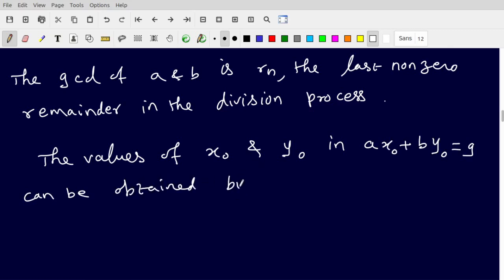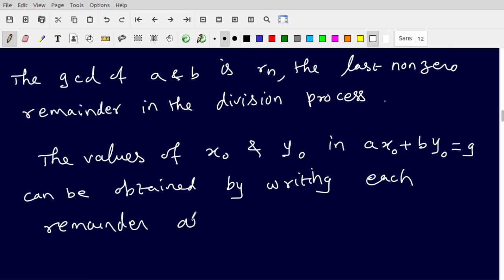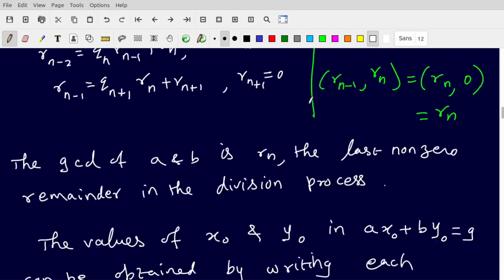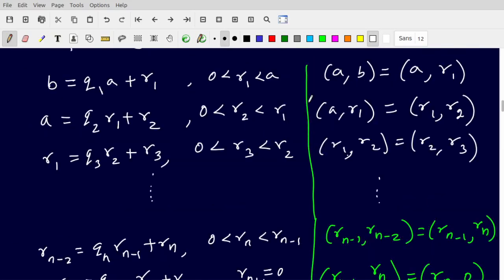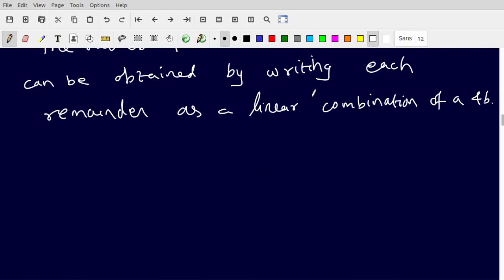by writing each remainder as a linear combination of A and B. Okay, so this is a process. So how do we write this? You remember this set of equations obtained in the division algorithm.